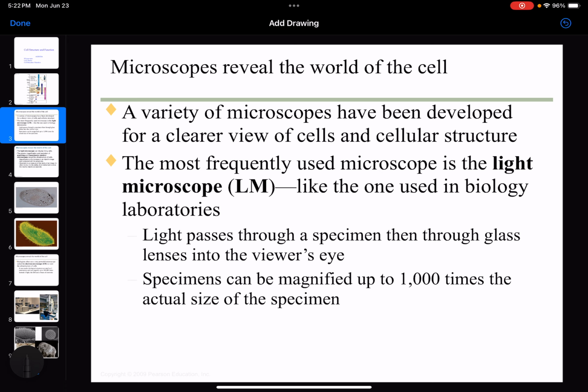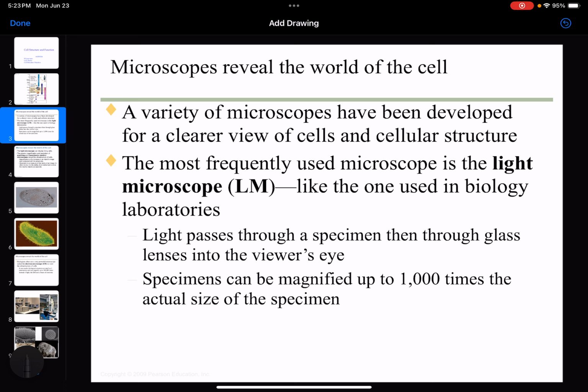So here's what I propose that we do. We can spend time talking about each one of these types of microscopes. But at some point, we should probably make a table that allows us to see the differences, like what are the benefits of each and what are the drawbacks of each, right? So very quickly, the light microscope is the kind of microscope that we use, but the electron microscope is significantly better.